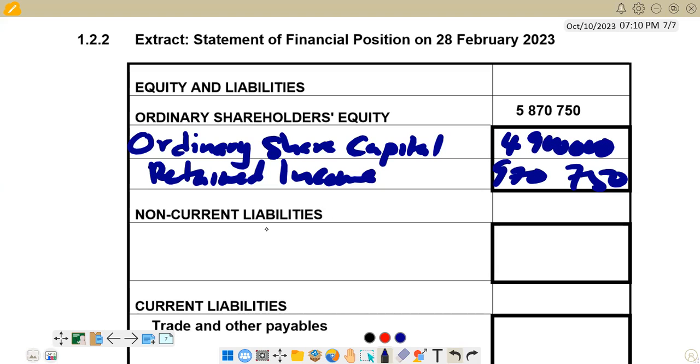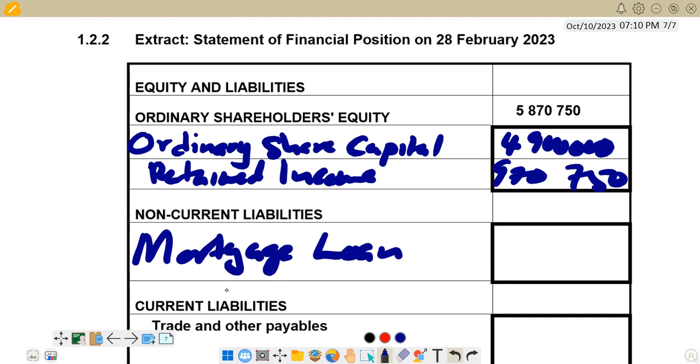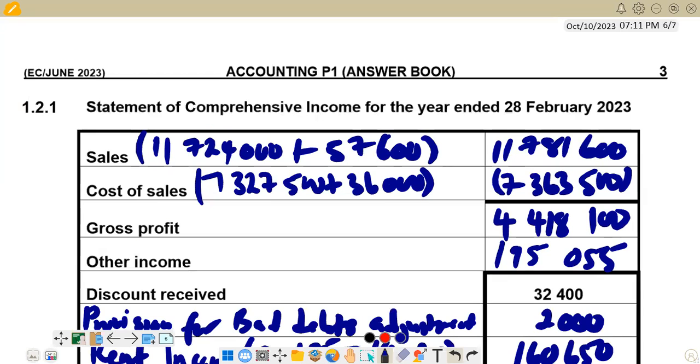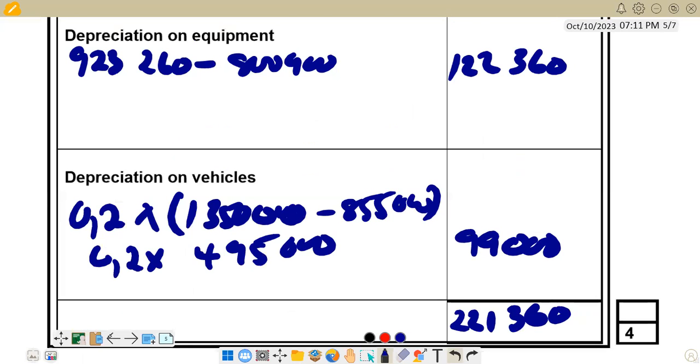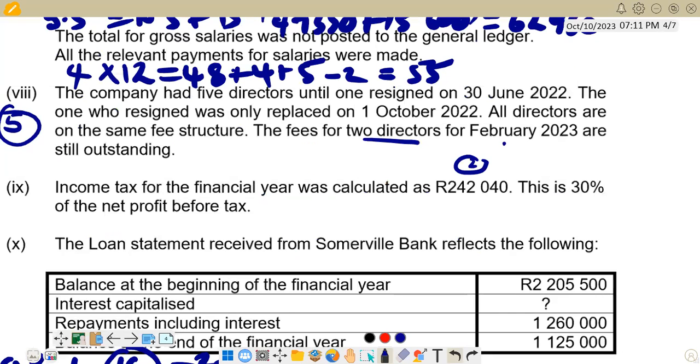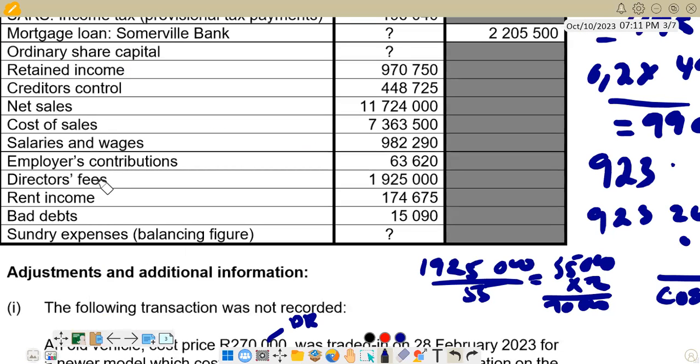Right. So then for non-current liabilities, we've got a mortgage loan. We go back to find out the figure for mortgage loan in the list of balances in the question.